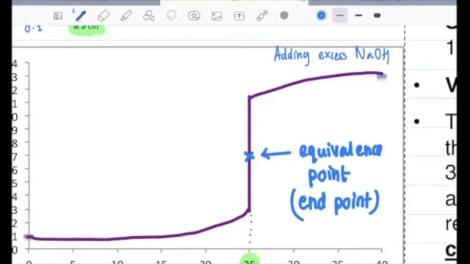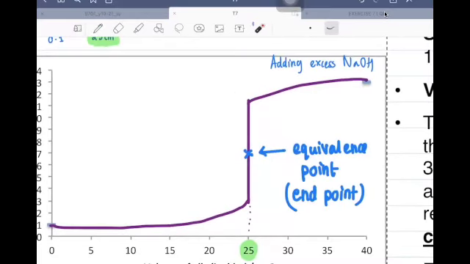Nothing. Now, do you remember that I always tell you that when you are closer to the endpoint, you have to go really, really slow? This is the reason why. I repeat: the reason why we tell you to go really slow when you are nearing the endpoint is because even the addition of the smallest volume will cause a big change in pH.